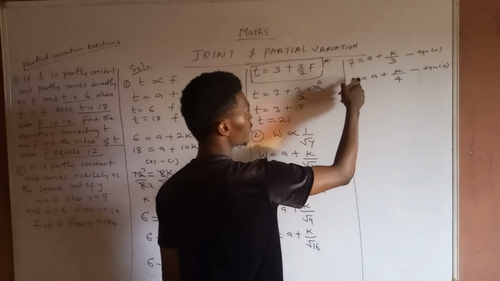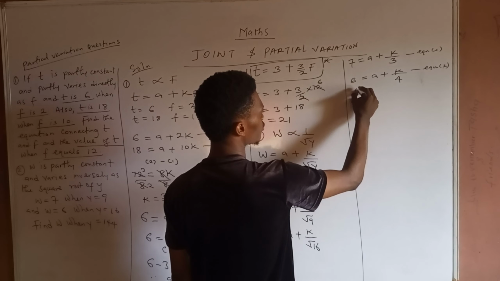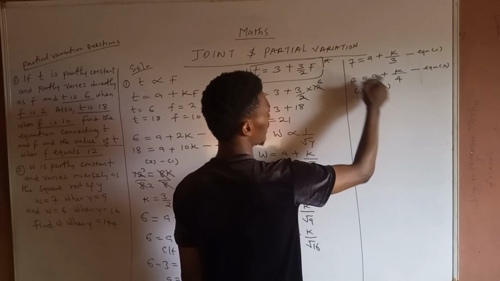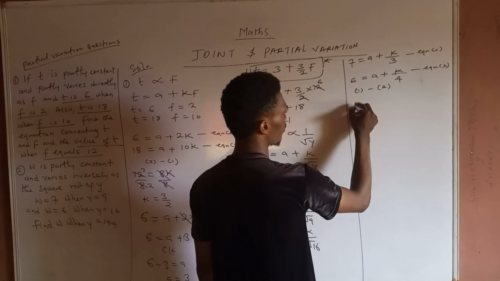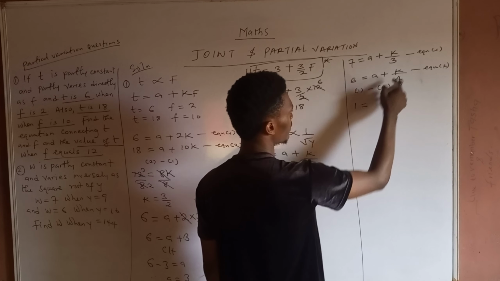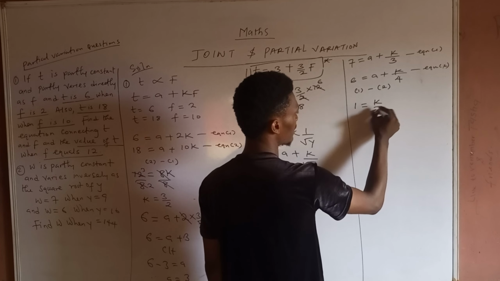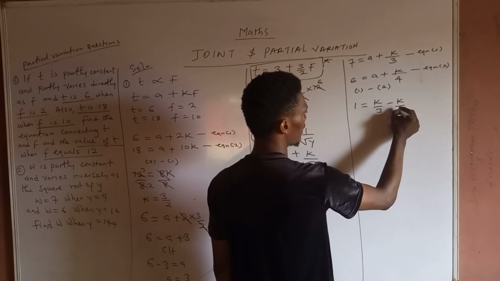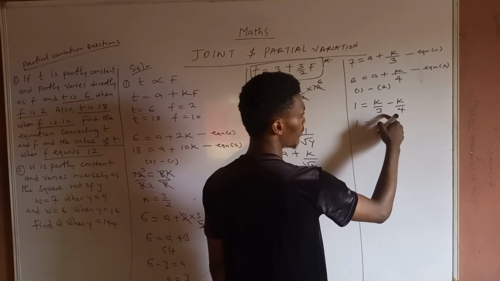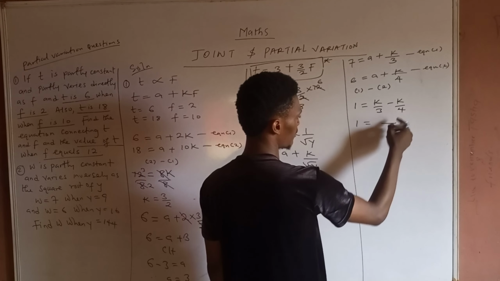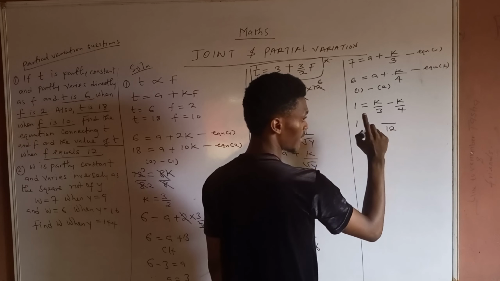So from here we can subtract equation 2 from equation 1 in order to avoid negative values. So 7 minus 6 is 1, equal to a minus a, which is 0. Then we are left with k over 3 minus k over 4. When we do that, we need the LCM of 3 and 4, the common denominator, which is 12.